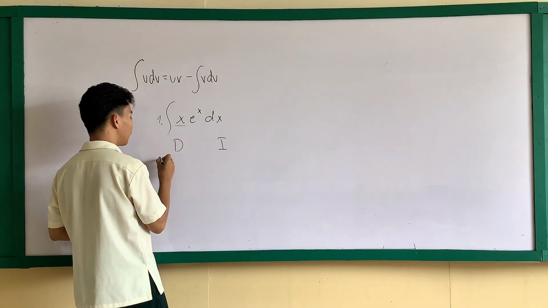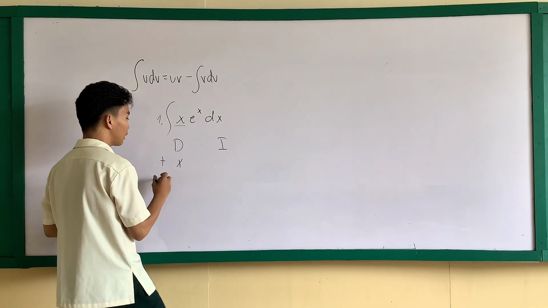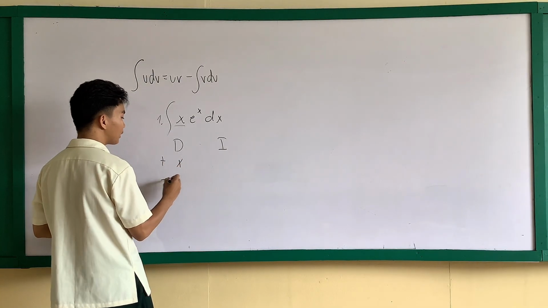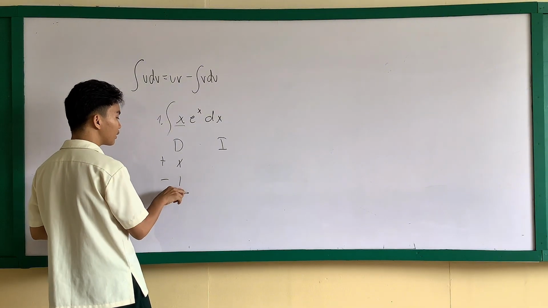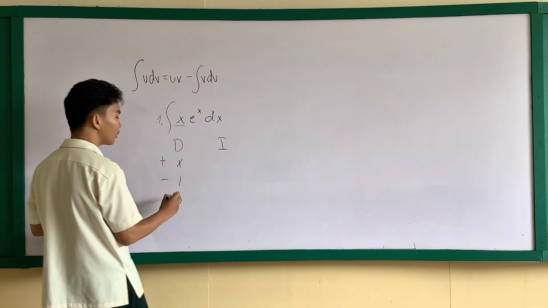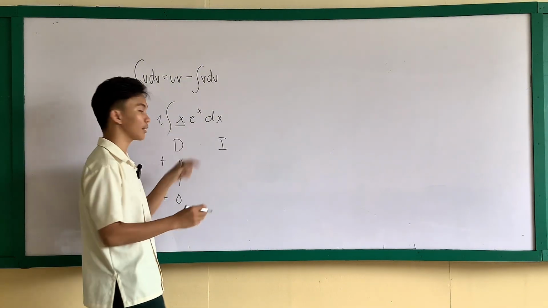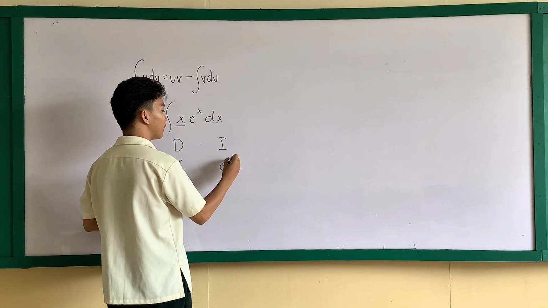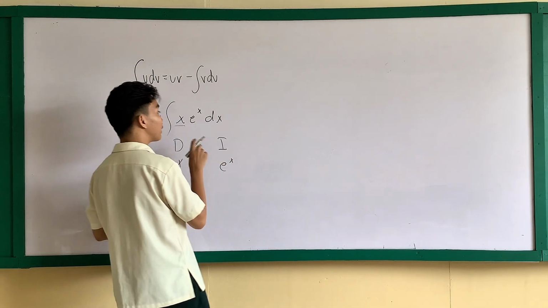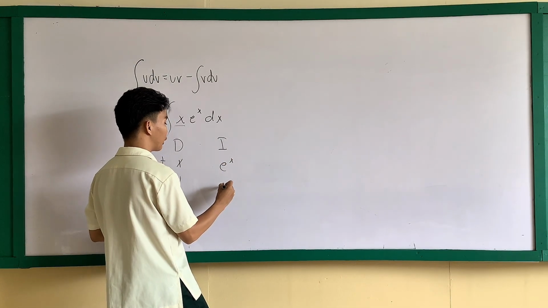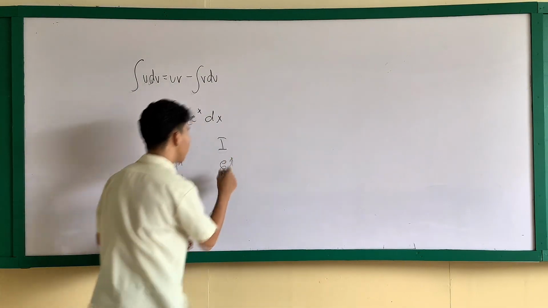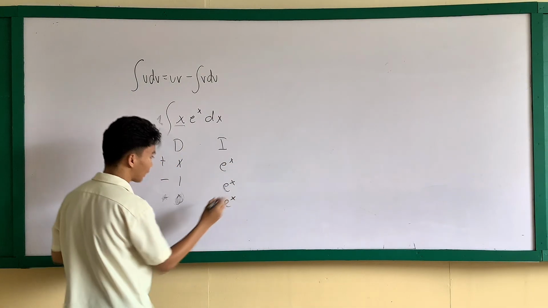Derivative of x is 1. The derivative of 1 is 0. And now we're integrating the e^x. The integral of e^x is simply e^x.